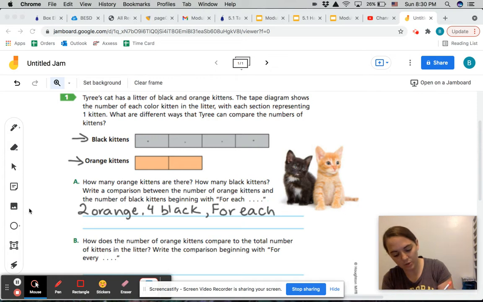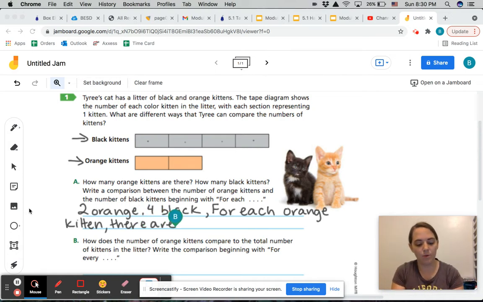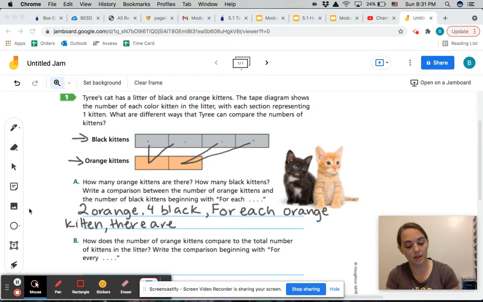For each orange kitten, there are... Now let's see, we have 1 orange kitten, 2 orange kittens. And for each orange kitten there are 1, 2, and then 1 and 2. If we group them together, kind of like when we divided fractions, then for each orange kitten, there are 2 black kittens.